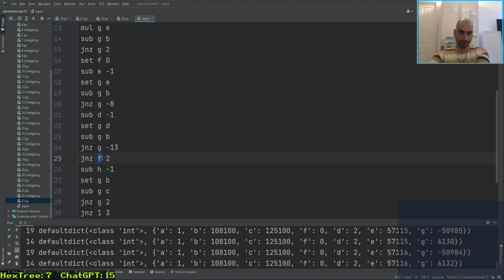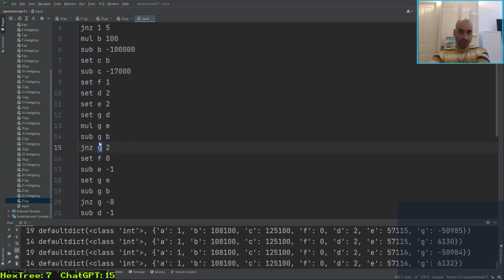Okay, so f is 0. For f to be 0, we need g to be 0. For g to be 0, this means g has to be equal to b here.